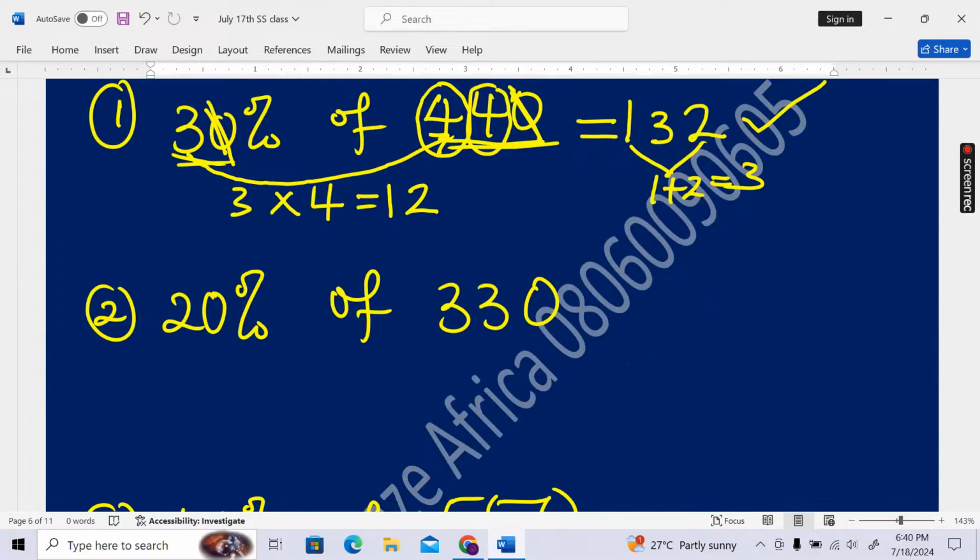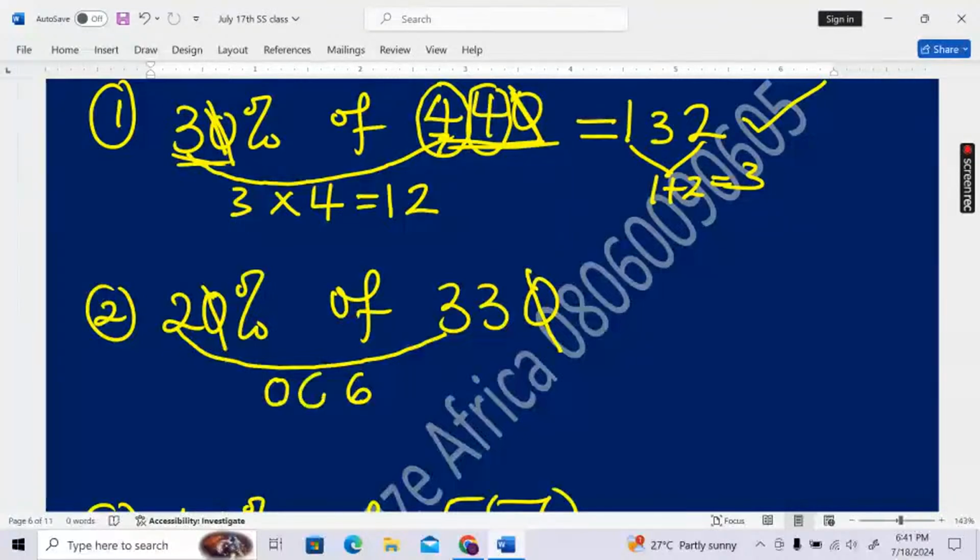Now the second one, 20% of 330. Use the zero in the first number to strike out the last zero in the second number. Then 2 times 3, that will give us 6. 6 is a one-digit number, and another way to write 6 is 06. So I'm going to write 0, and I will add 0 and 6 together.